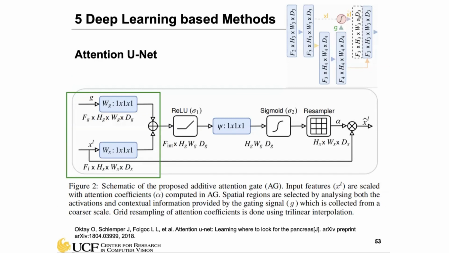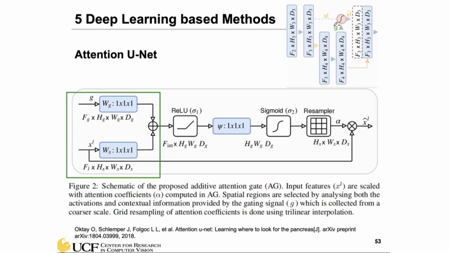Okay, so can you see my pencil here? Are you able to see where I'm indicating XL? Yes. Okay, good. So the XL is basically the feature map coming from the encoder.